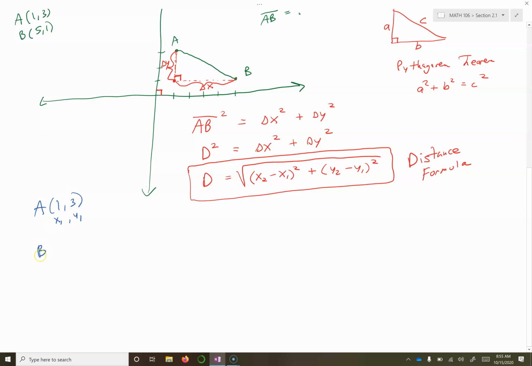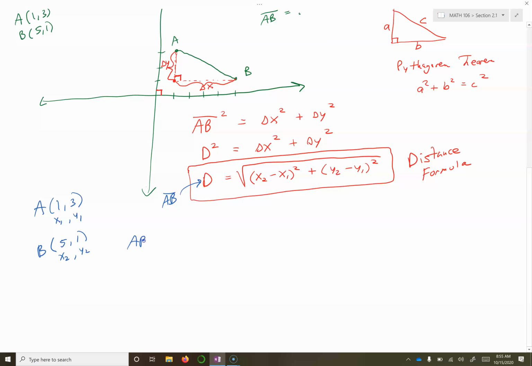And then point B was 5, 1. Let's call that x2, y2. Because we have to know what those values are when we plug them into the distance formula. Okay, so this D is really in this example AB bar. So that's what I'm going to put down here.